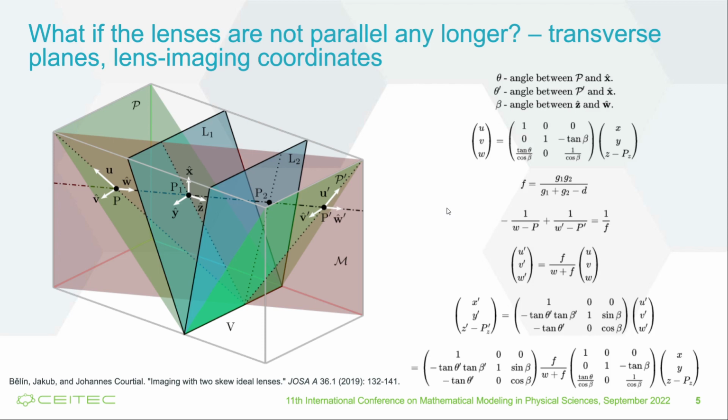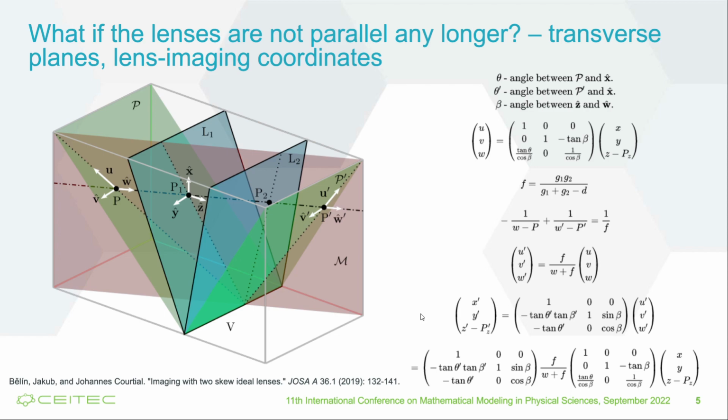With this candidate for lens imaging coordinates in hand, we found the respective coordinate transformation from xyz to uvw and from u'v'w' back to x'y'z'.